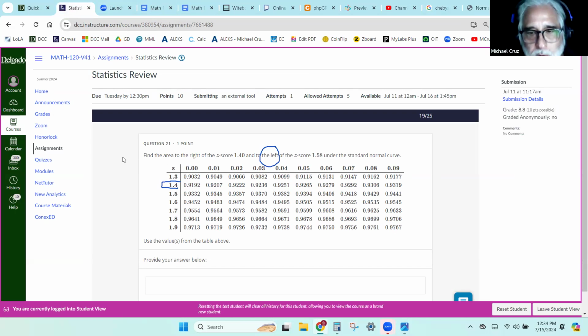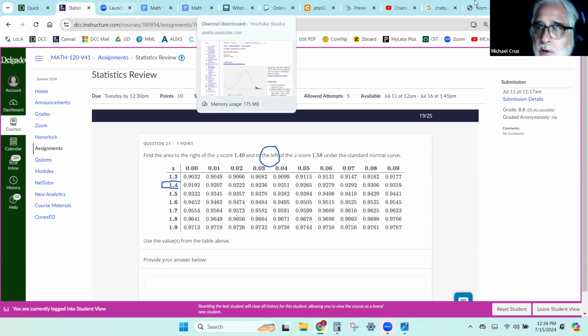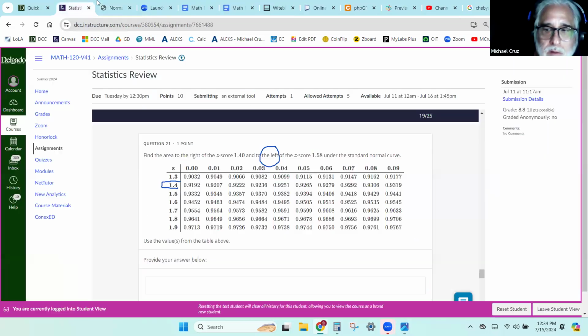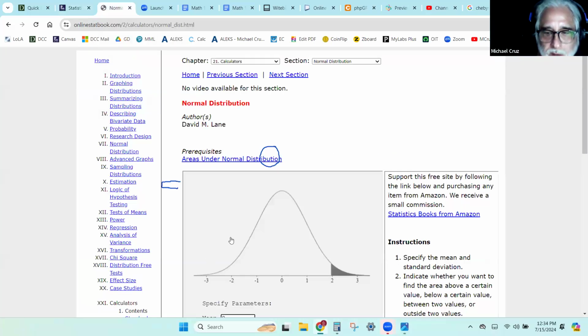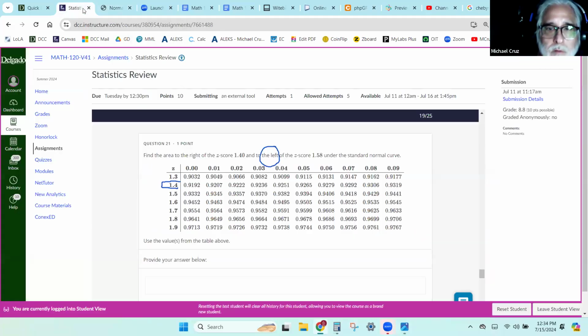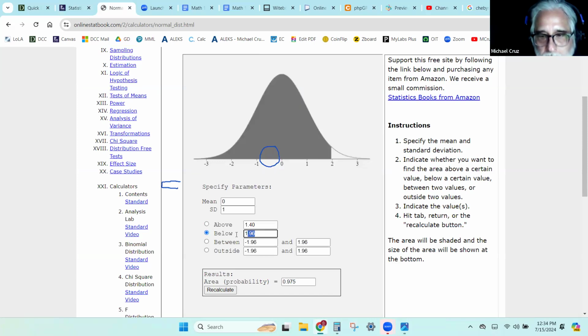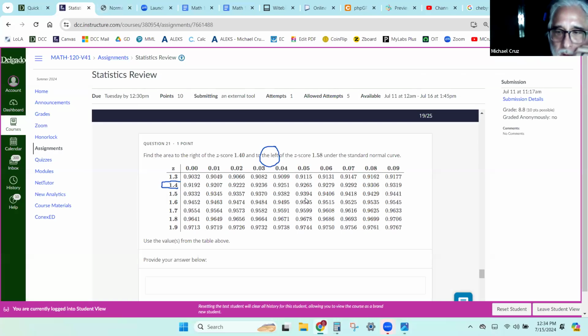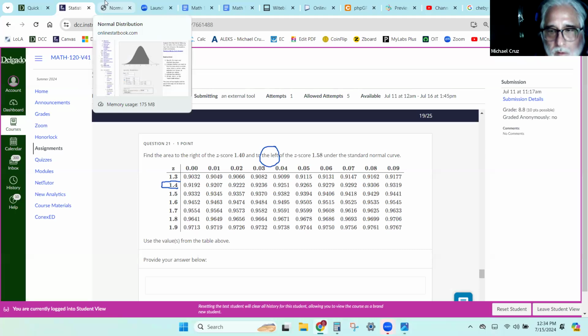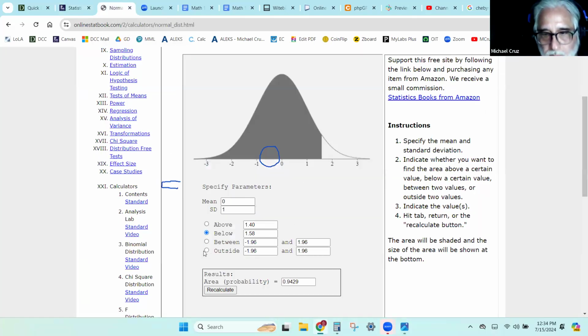All right, so what I'm going to do is I'm just going to show you on here 1.40 and 1.58. So it's above 1.40, and to the left of 1.58. So this is what it is.